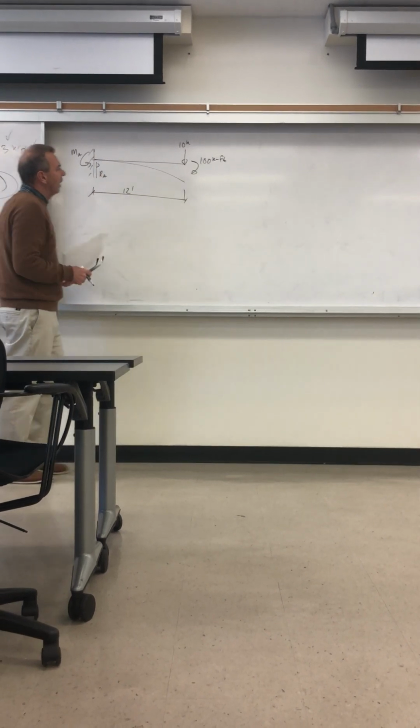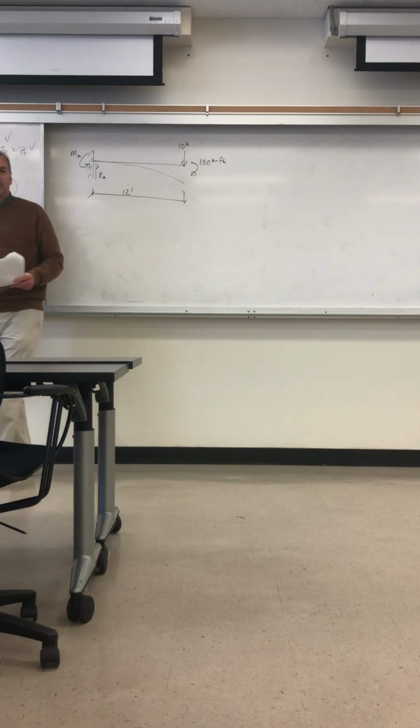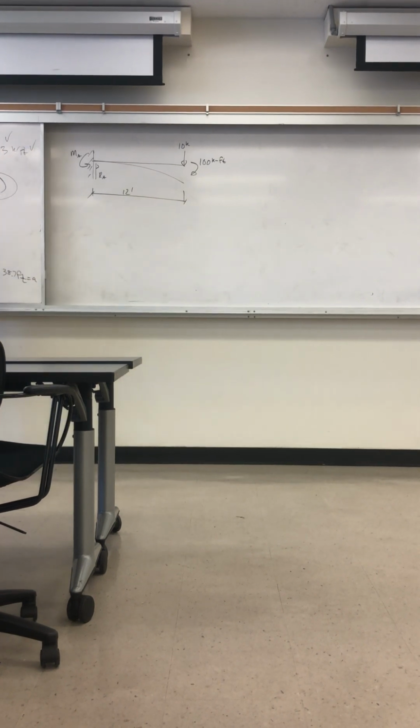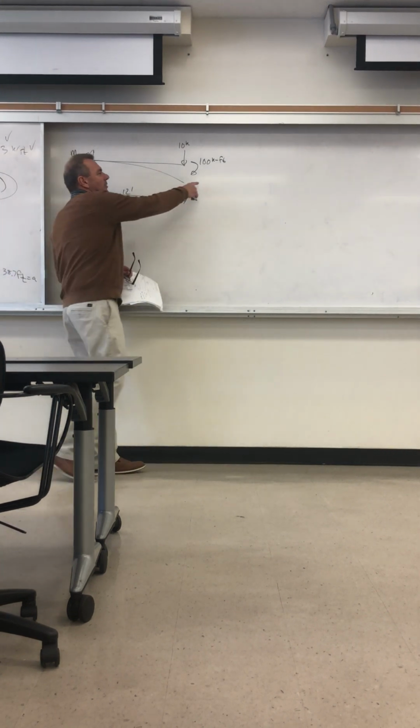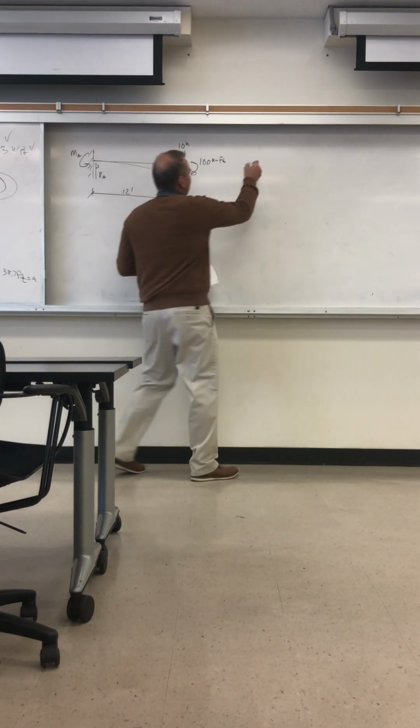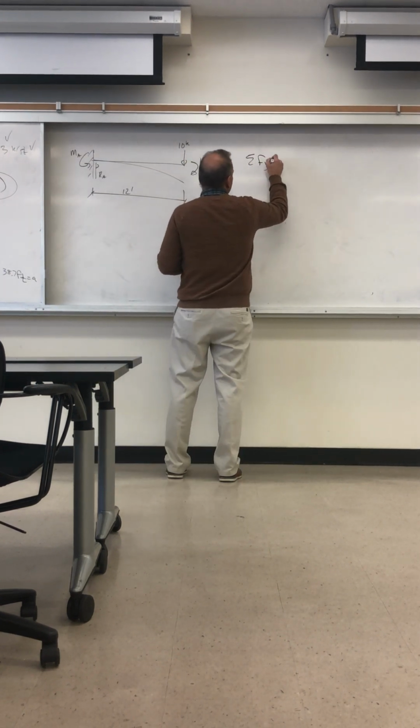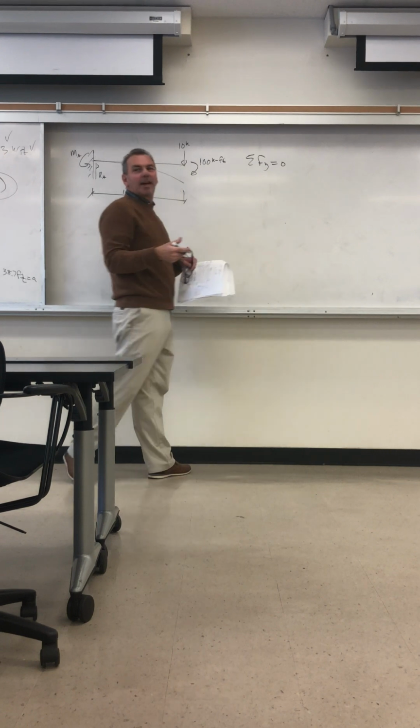Now, reaction A, what's the reaction at A? What do you think? Give me a number, say it. 10. Yes, 10 kips. This is a moment, it's not a force, right? So when we sum forces in y, you have to trust the statics.